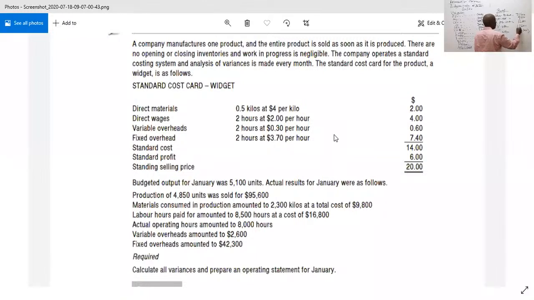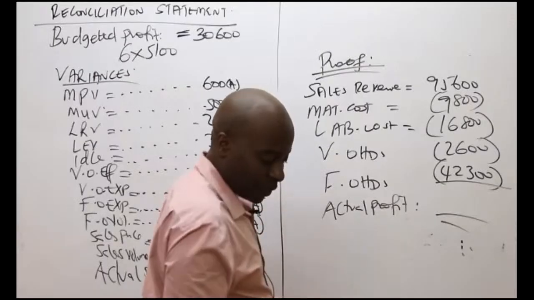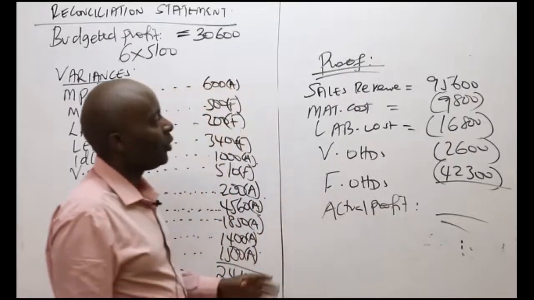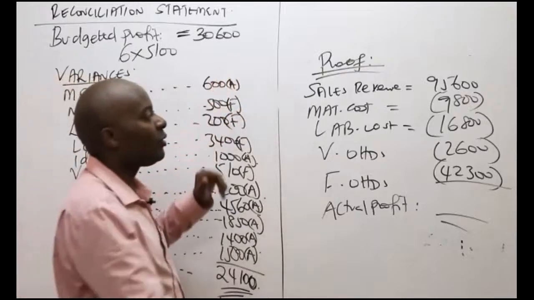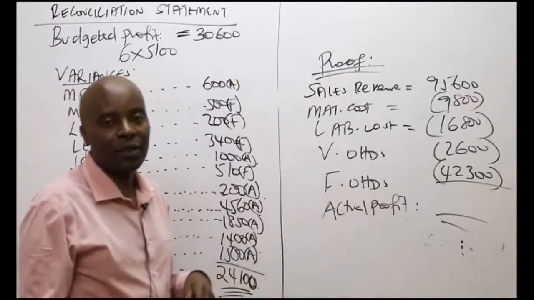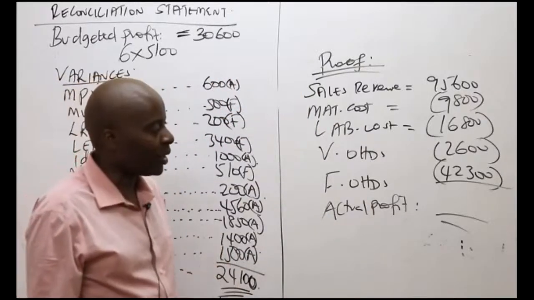So please subtract these from the revenue for you to be able to get the actual profit from the actual information. You can just prove it, although this one is very much unnecessary.